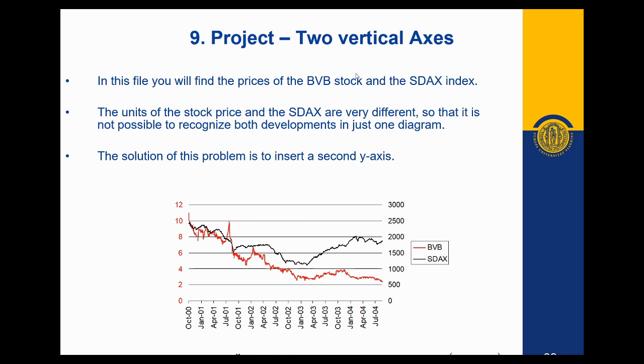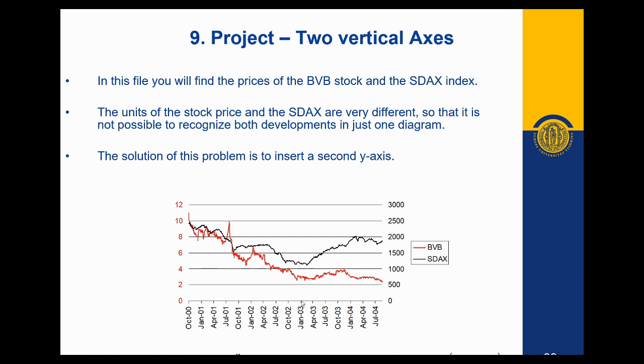This one stock trades at around 10 euro, and this index trades around 2,000 euro. If you were to represent both in a line chart, the lower one, the red one, would just range at the very bottom of the chart.